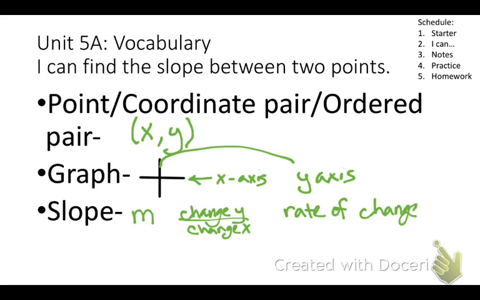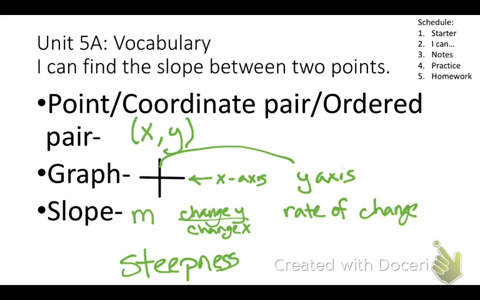We also have steepness. But just remember, as long as there is a straight line, whether it's going up, down, sideways, or flying diagonal, it will have slope, okay?